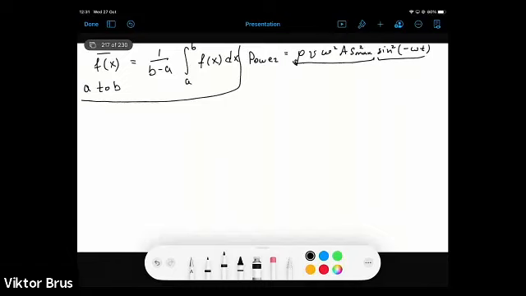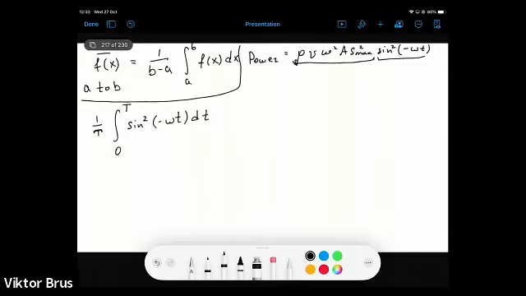So that's why we need to consider 1 divided by period T, which is the interval from A to B for the independent variable t, times the integral from 0 to the period T of sine square minus omega t dt.